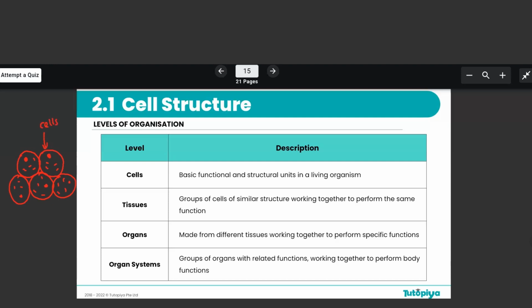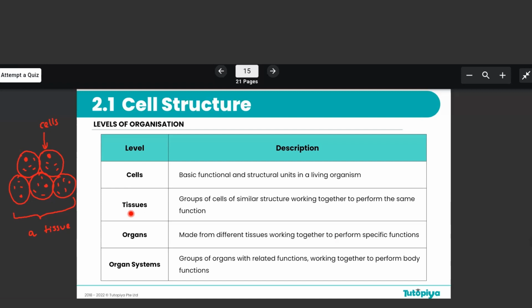If you ever have a group of cells similar to this diagram, a group of cells with a similar structure that are working together to perform a particular function, we call this a tissue. So a tissue is basically a group of cells with similar structures. You can see that all these cells look very similar to each other. So a group of cells with similar structure that are working together to perform a particular function is the second level of organization in a multicellular organism.